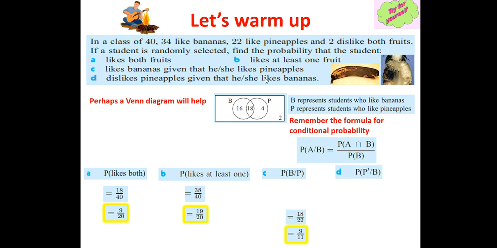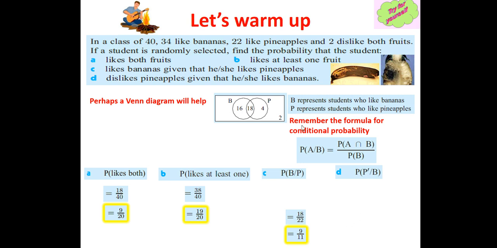So dislikes pineapples, so P dash, given that he or she likes bananas. So be careful of words like dislike. Probability, dislikes pineapples means P dash, given that, with a vertical line, that they like bananas. So the probability that they dislike pineapples is 2 and 16. So the 2 and the 16 come together to give you 18 over 40 for dislikes pineapples.